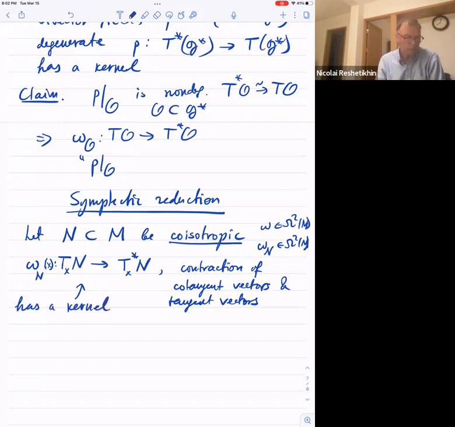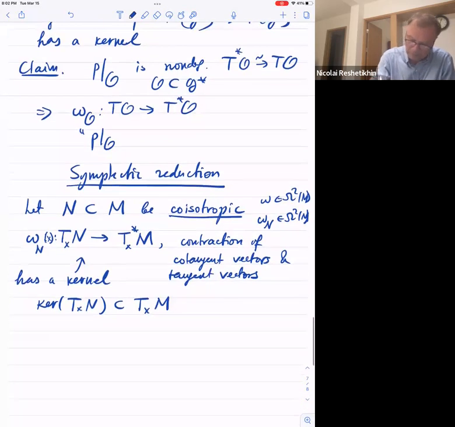This map was an isomorphism. Sorry. So this map was an isomorphism on M. So yeah, it has a kernel. And the kernel of this is a subspace in the tangent space to M.